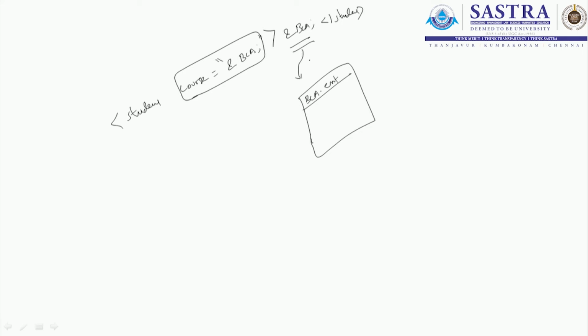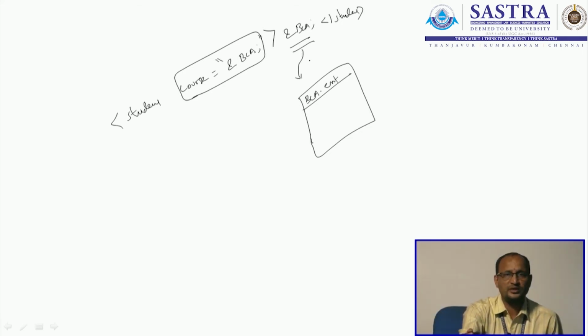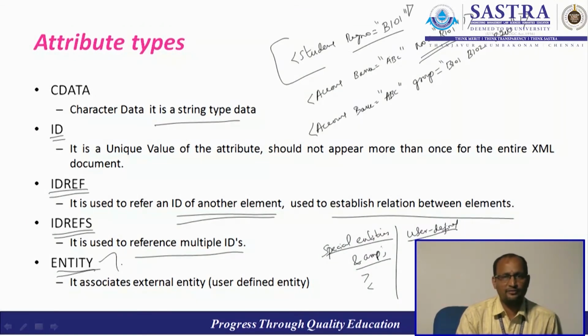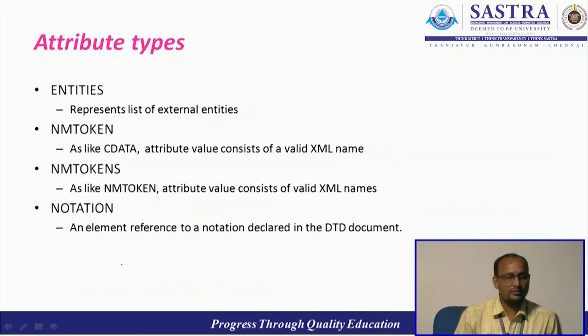So when this XML document is transformed, then the XML entity will be referred. This is the advantage of entity. We can use this entity references for defining an attribute. More than one entity we want to give by using space, then we can give the entities.